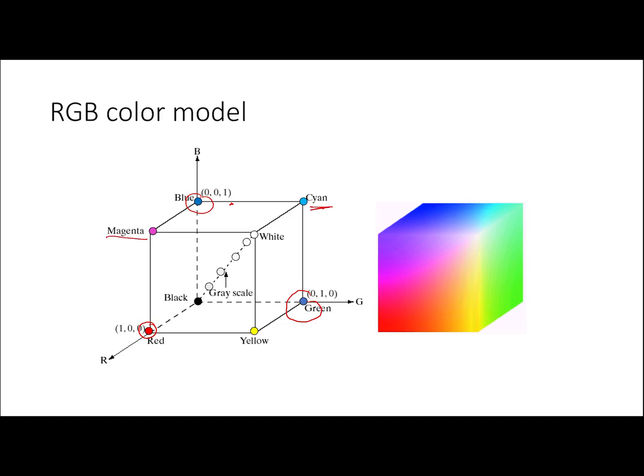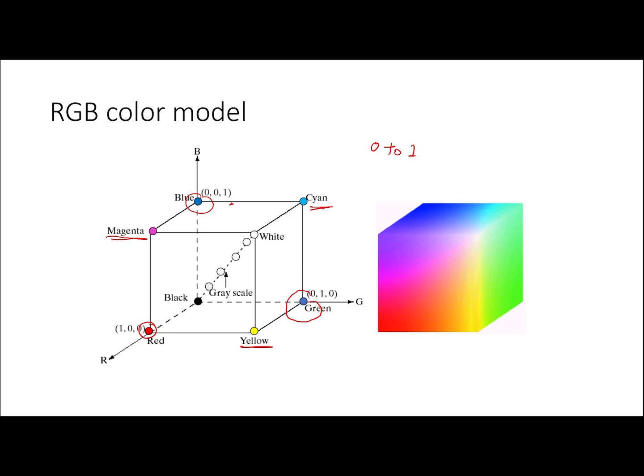Similarly, cyan, magenta and yellow are at the other three corners. One important point to note is that this model is in the normalized form. That is, all color components, red, green, blue or cyan, magenta, yellow, vary within the range 0 to 1.